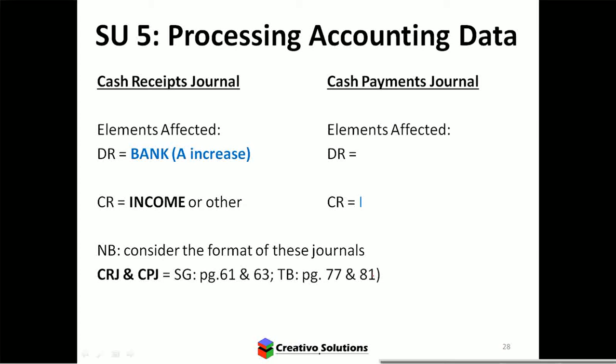Okay, payments. Bank will be credited. Good, because it's decreasing. Asset decreasing. What I have there in brackets is the working. Remember, I always emphasize the working because that's the understanding. What did you write there? Asset. Well, asset is one. What else could I pay for?